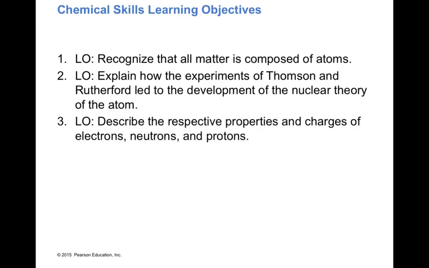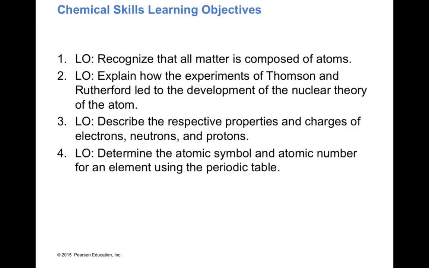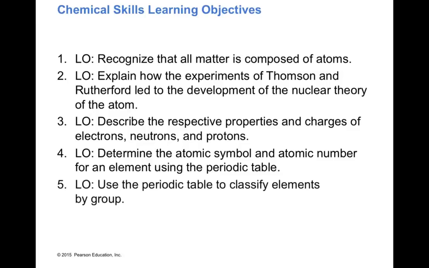Describe the respective properties and charges of electrons, neutrons, and protons. You will be able to determine the atomic symbol and atomic number for an element using the periodic table. You also will use the periodic table to classify elements by group.